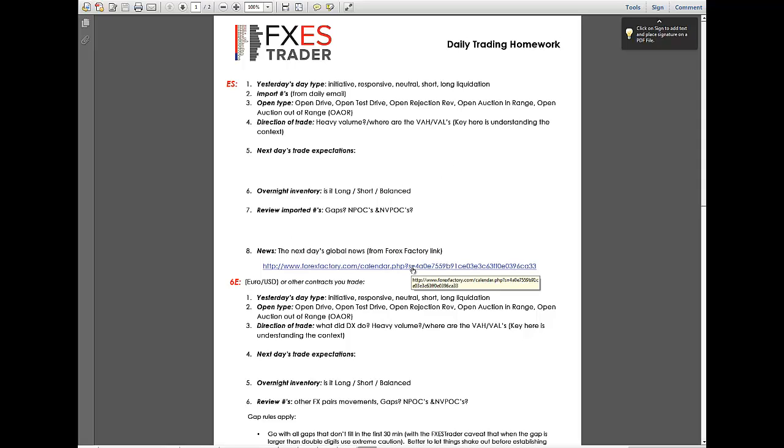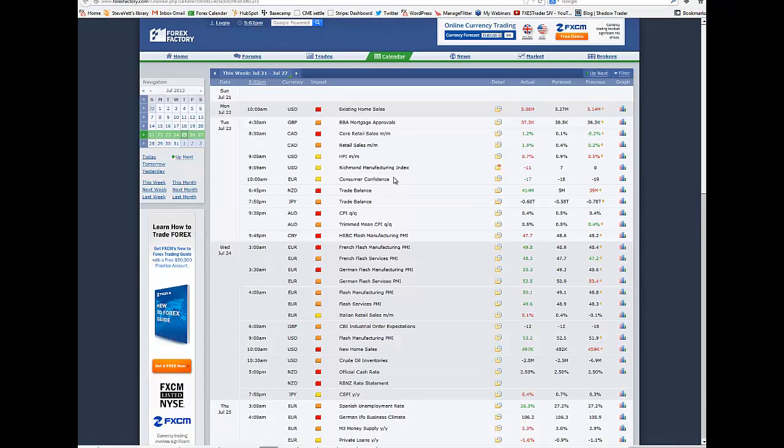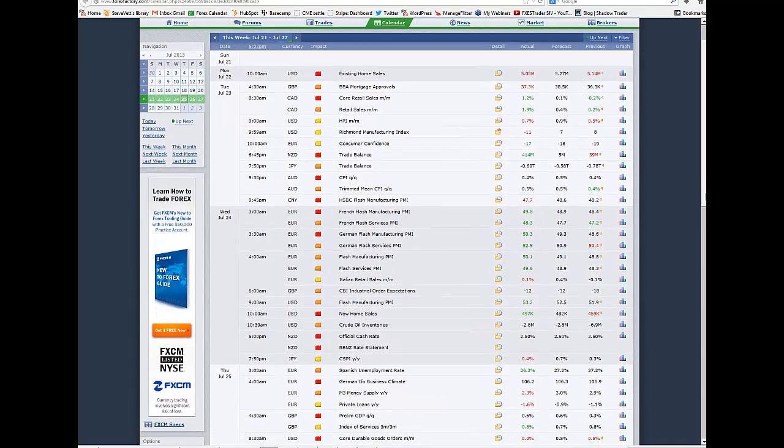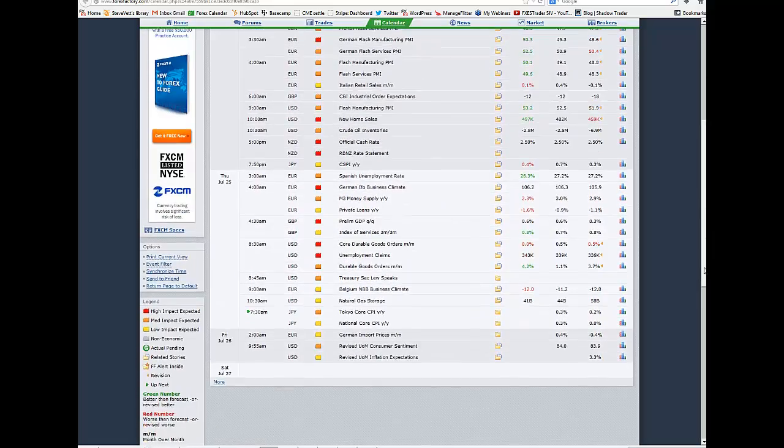You want to then move to the calendar, as you see here, and I'm hoping everybody can see I've moved to forexfactory.com's website. So again, our recurring theme of market information, it's basically all the news that breaks.